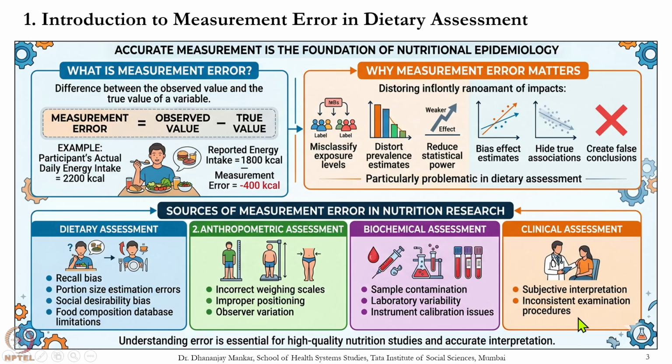A lot of the time an examination is needed, and the variability that comes with examiner variation relates to time, biases, knowledge, skills, and understanding of the individual, might be male or female, with respect to age or caste and so on. So inconsistent examination procedures, related to the subjectiveness of the assessor, are more obvious. What we have understood here is that understanding the error is essential for high quality nutrition studies and accurate interpretation.